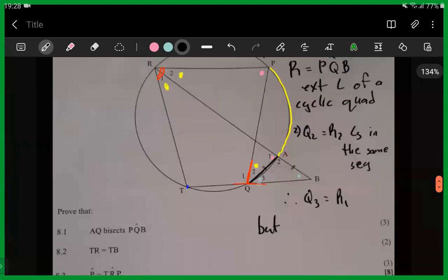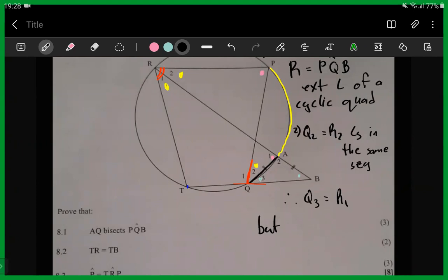So if we're proving that Q3 is equal to R1, and we've proven that Q2 is equal to R2, all we have to do is tell them that these are equal to each other because it is given. They told us they're equal. So if these two are both equal to the same two angles, it means that they're equal to each other.